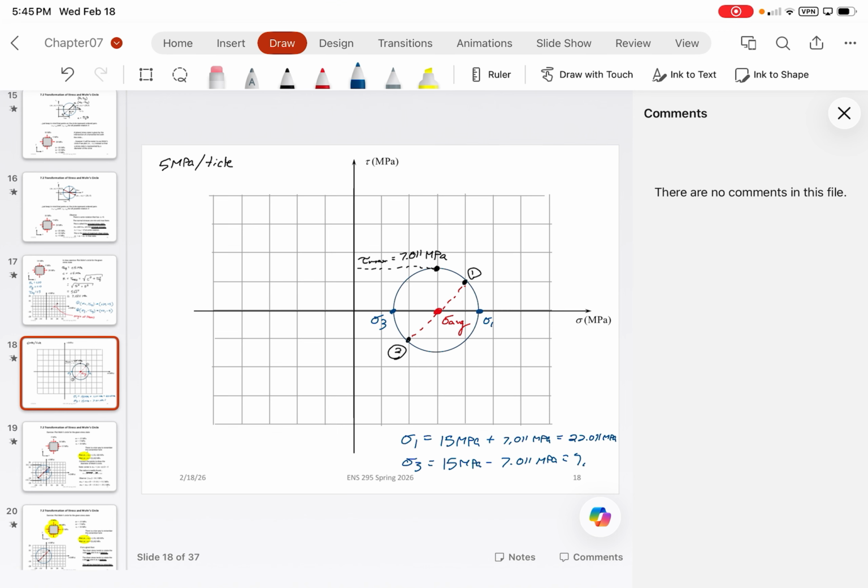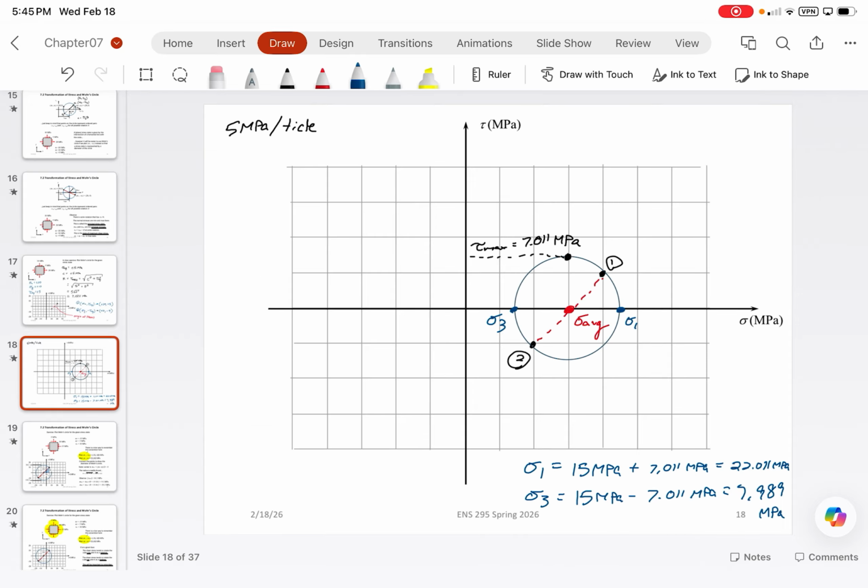Which gives us 7.989 megapascals. We call these our principal stresses. All right, so these are the maximum normal stresses you would want to design for. And then obviously you would design this material for a shear stress of 7.011.